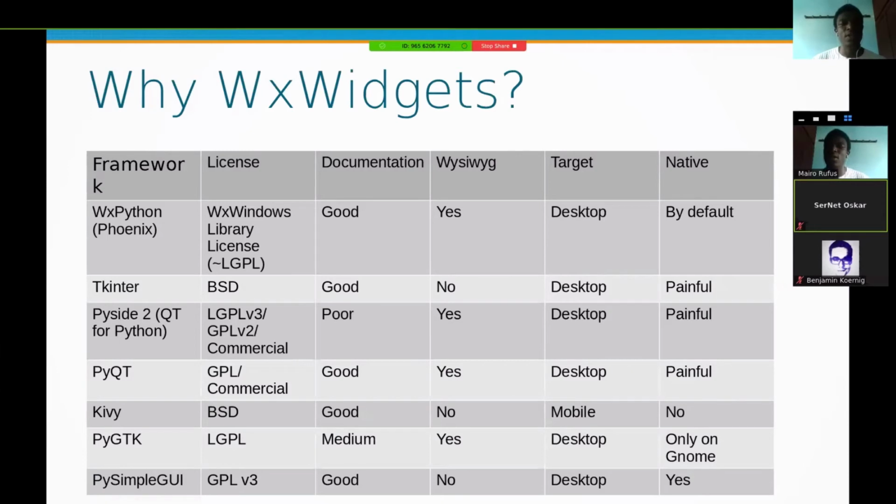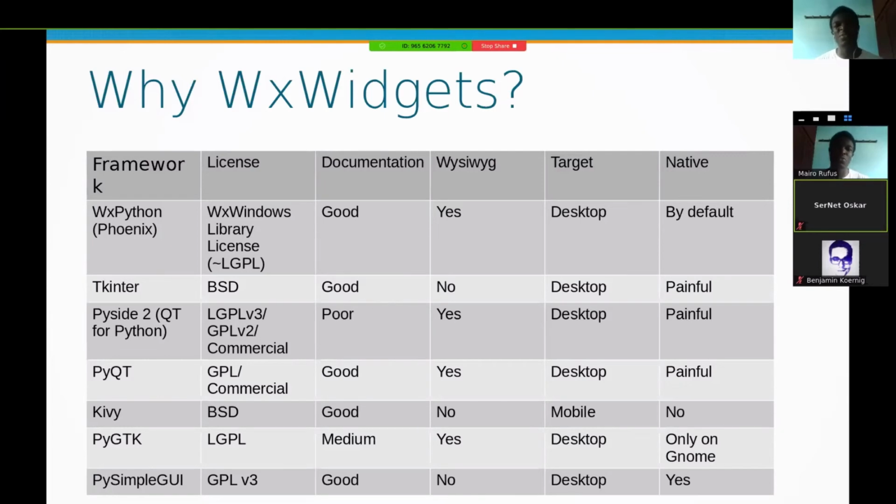Now a comparison of some libraries that I found interesting for developing the GUI of SMBCmp. We ended up choosing wxPython, which is now labeled as Phoenix, because it had good documentation, had a WYSIWYG designer, and it was native by default.